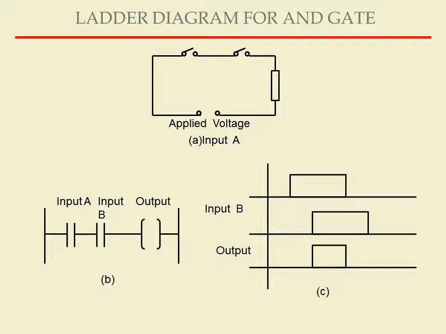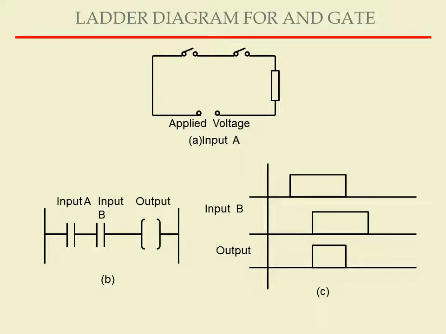To implement the ladder logic or truth table of the AND gate physically, we have to get two switches in series and apply the input voltage to A. See in the first figure, voltage is applied and two switches are connected in series. In diagram B there is the ladder equivalent of these two switches connected in series.